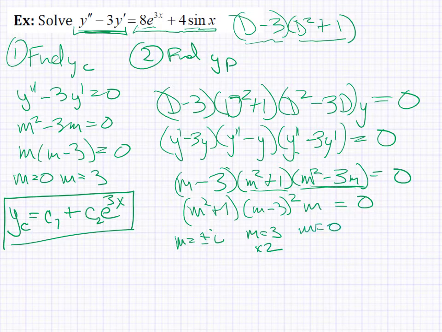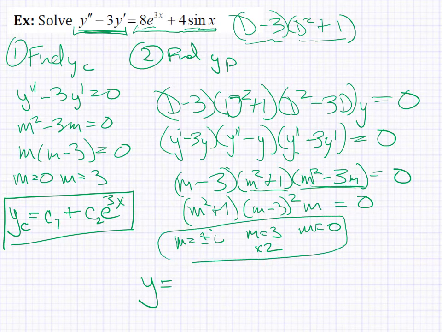So if we go to build our solution off of that, our y sub p, or sorry, our solution, let's not jump the gun here, our solution would be, well, if these are all the roots of this new differential equation, we would have c sub 1 e to the 0x if I use that one, plus c sub 2 e to the 3x if I use one of these.